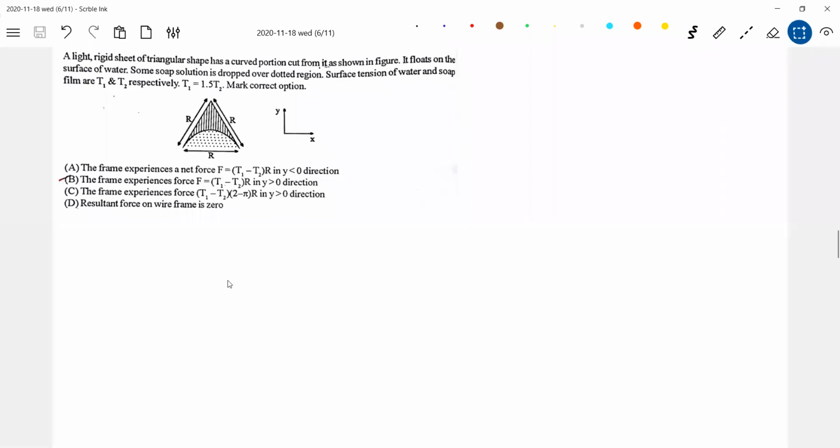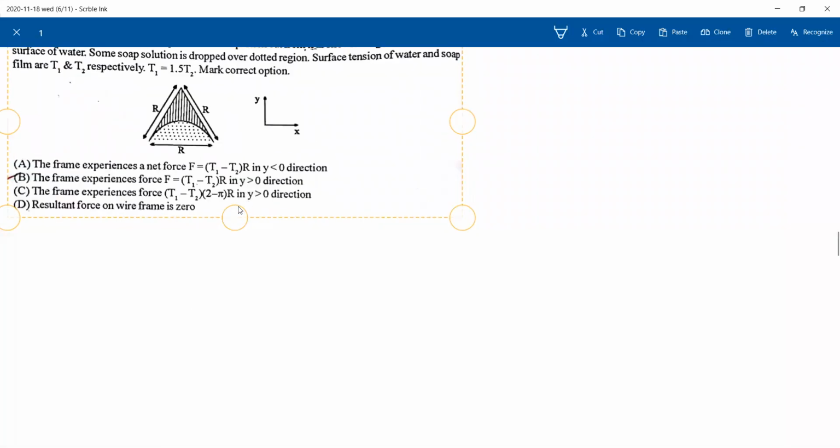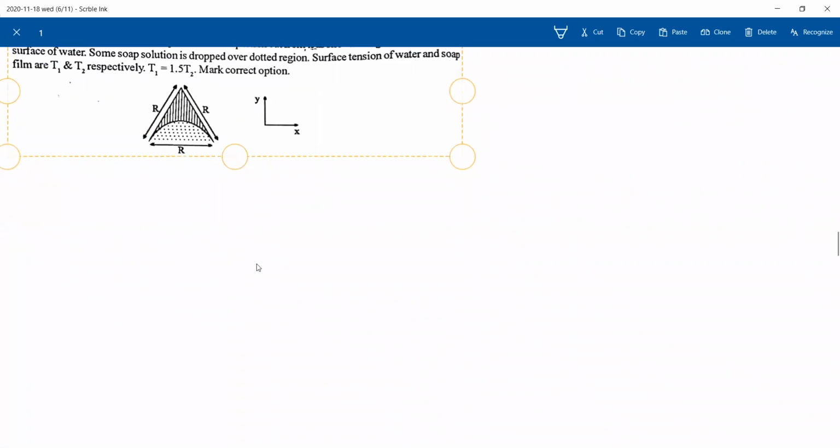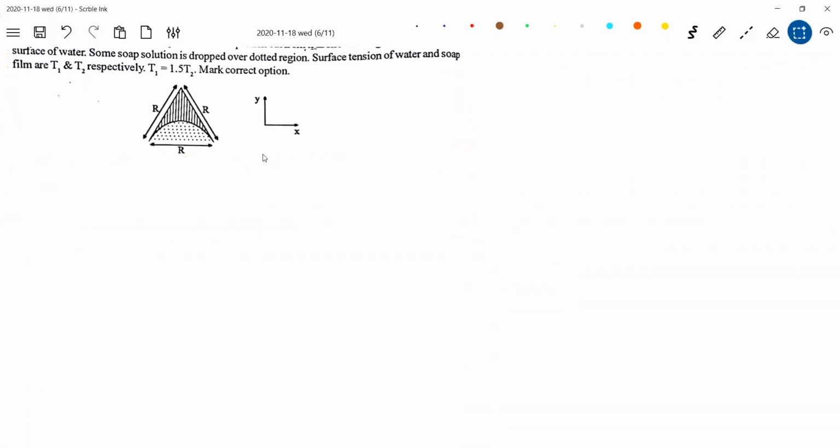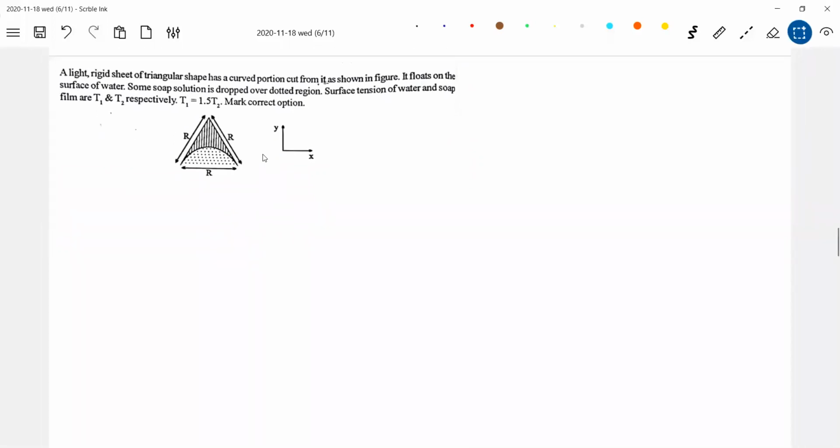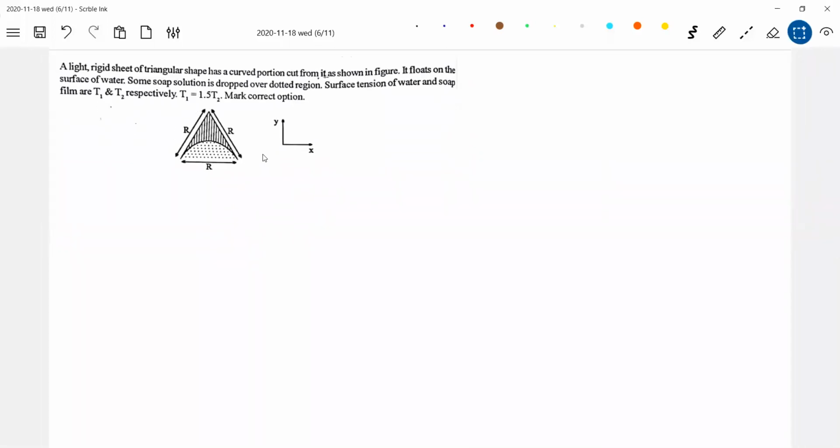I'll take out the options. Some of you are thinking through options, which is very dangerous. Now I just want you to analyze the force. Later on, I'll bring the options. First, learn the problem.